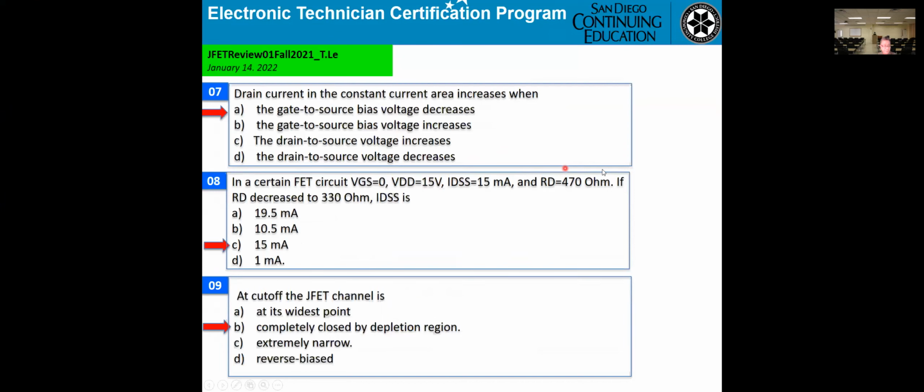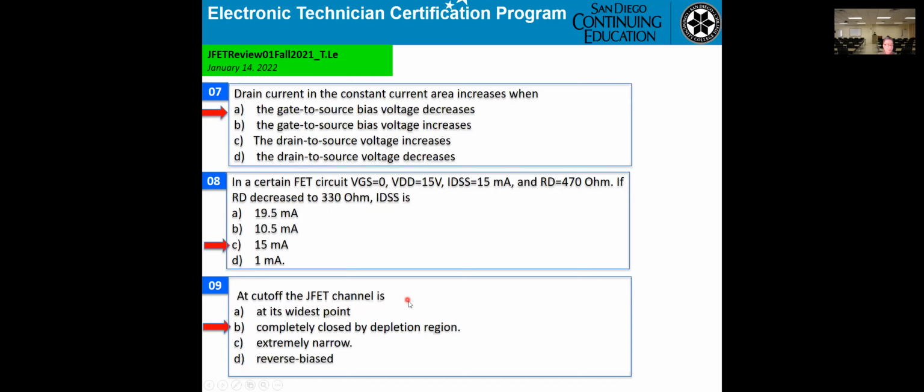Okay, now, what's your question? The FET in number 8 is in the saturation area. That's the reason for the same comment. You mean in number 8, right? Yeah. Okay. So the question is, if they change the value of RD, they ask what IDSS equals.